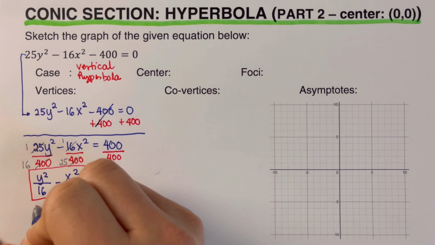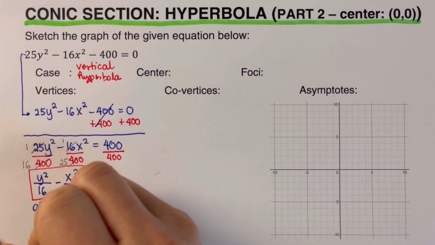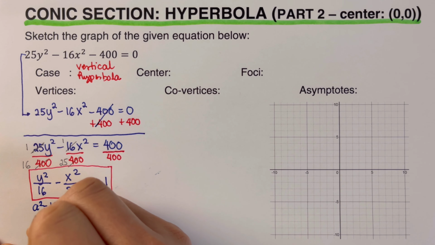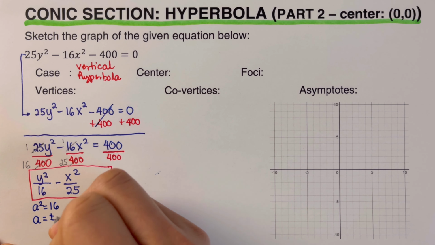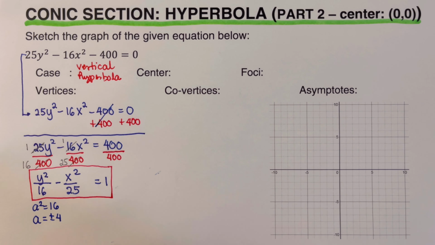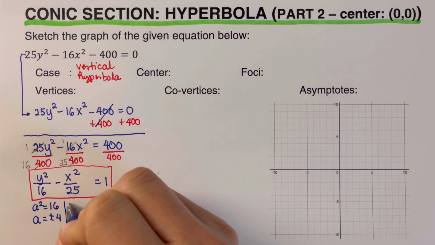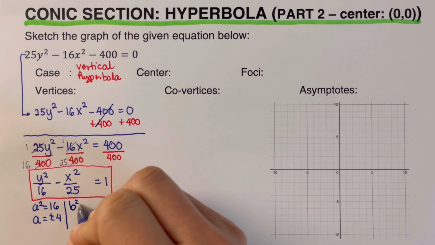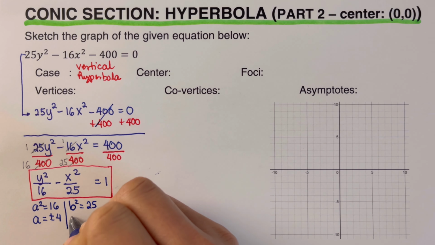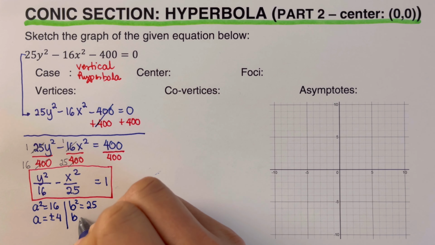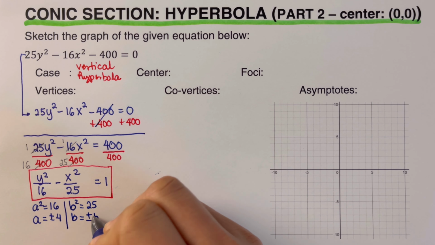A squared is equal to 16. This tells us that our a then is plus minus 4. And our 25 here is the b squared, which is the denominator of x squared. So if we get the square root of both sides, our b is plus minus 5.